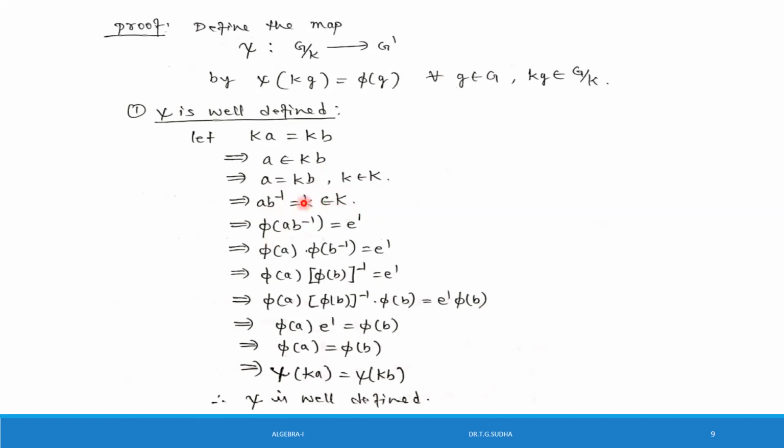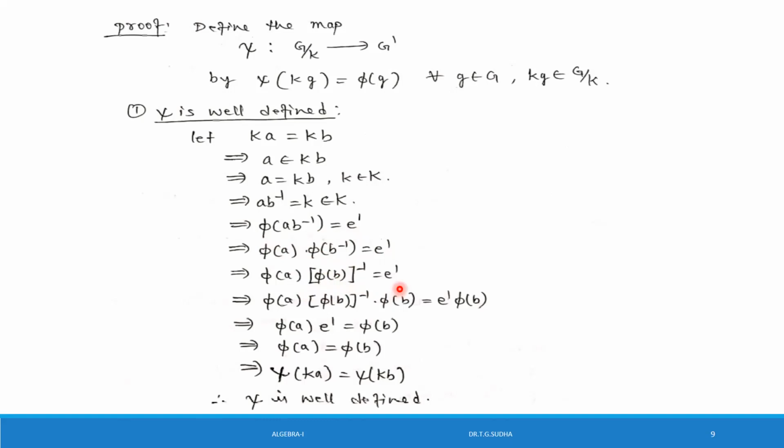Therefore, the element is mapped onto the identity element e' under the mapping phi. So phi(ab^-1) = e'. But phi is a homomorphism. Therefore, we can write this as phi(a) phi(b^-1) = e'. But phi(b^-1) is nothing but (phi(b))^-1. This is from the properties of homomorphism. So we can write phi(a)(phi(b))^-1 = e'.